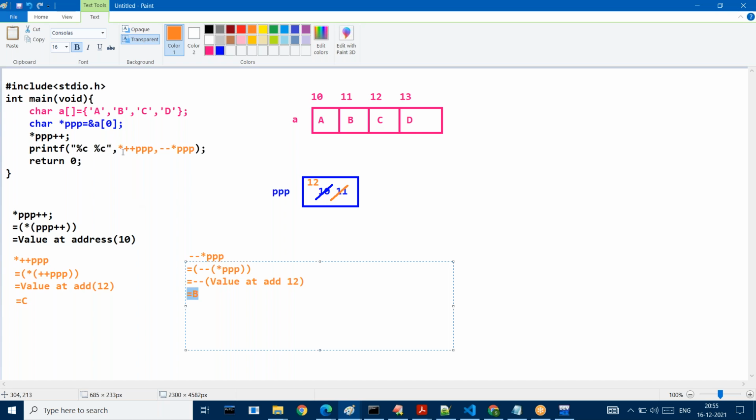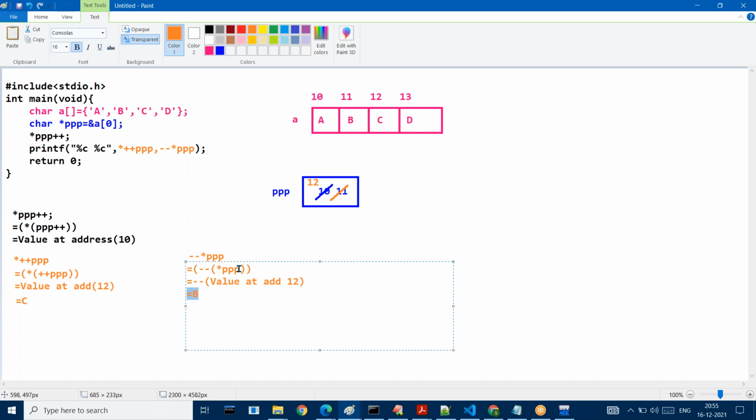Let me check it once. First one is C, no doubt about that, because value at address 12 is printed as C. After that, minus minus of star PPP. Minus minus is pre-decrement and star is the indirection or pointer operator.